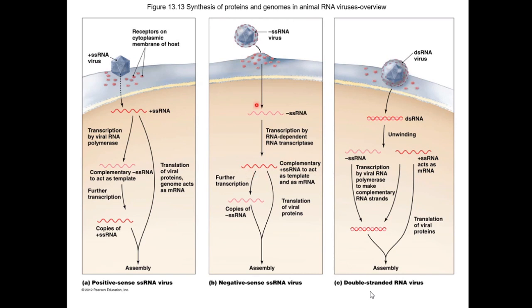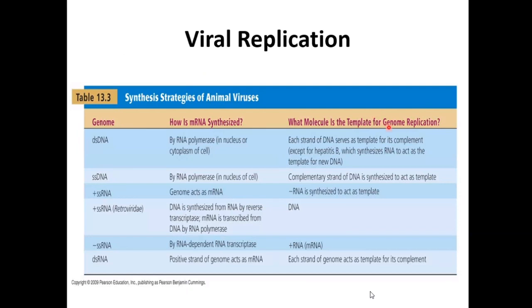This will serve as a template to synthesize this one. And then from this one, which will be a template for synthesizing more of this, will be the template for genome replication.